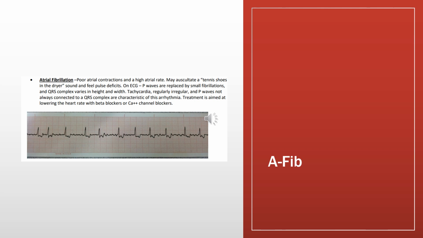So that means that the atria are just firing quickly and without any kind of coordination at all, and that's what's resulting in these strange looking squiggly lines, which if you look at, kind of does look like a whole bunch of P waves jumbling together, which would make sense because we know the P waves come from the atrial depolarization. So if you see this, check your patient's heart, hear what it sounds like, and if it sounds like tennis shoes in a dryer, then you do have atrial fibrillation.